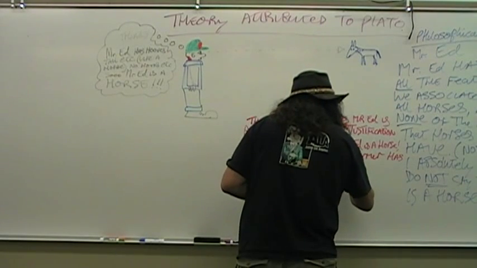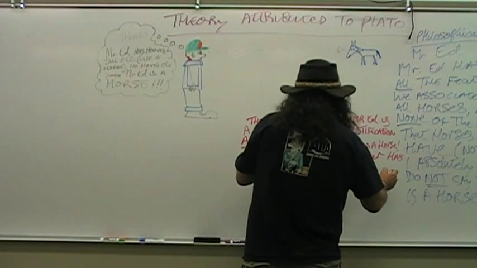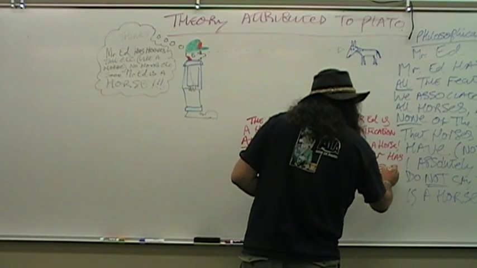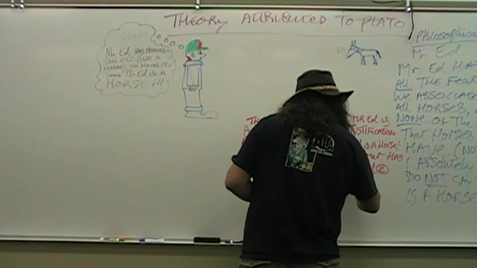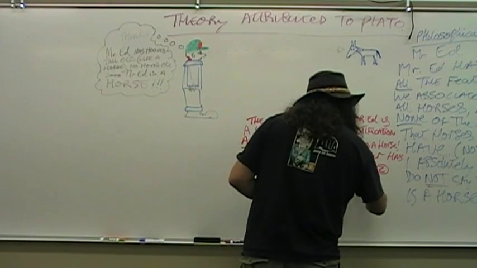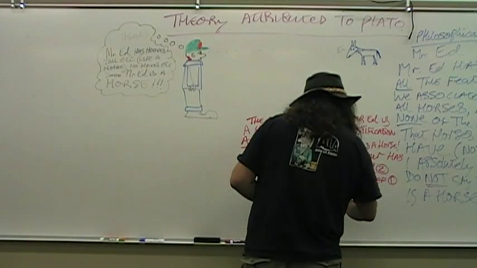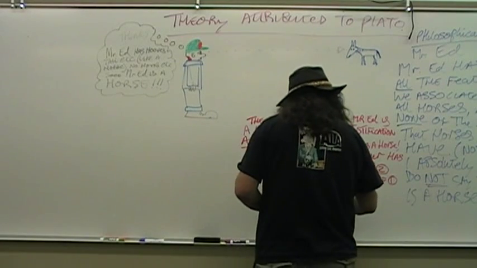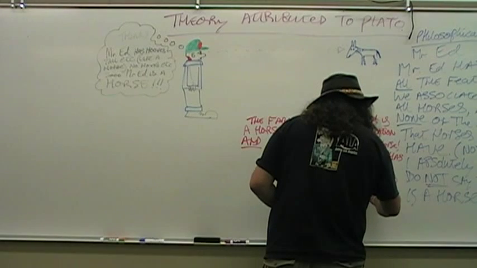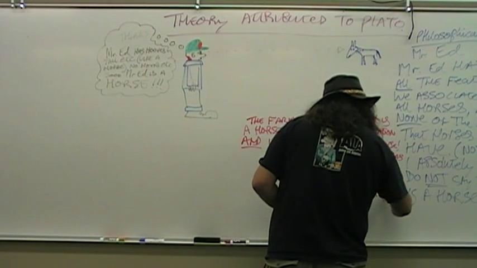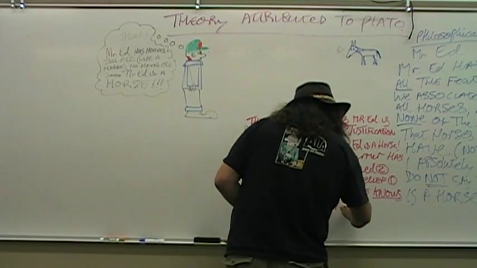A justified, that's point 2. True, that's point 3. Belief, that's point 1. And so he knows Mr. Ed is a horse.